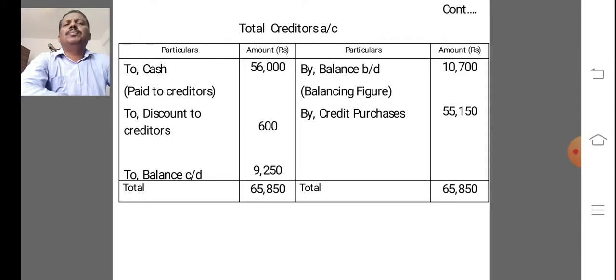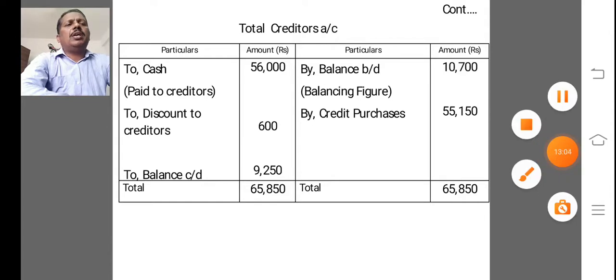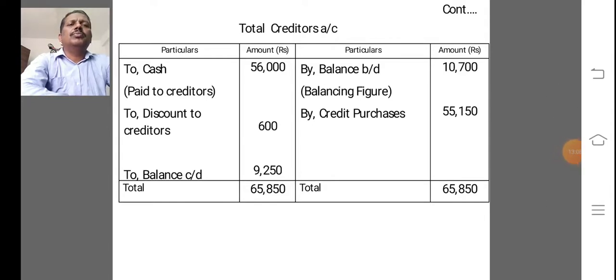And next we prepare total creditors account. So by balance brought down is not given in the problem. You have to find how. So by credit purchases given in the problem 55,150.